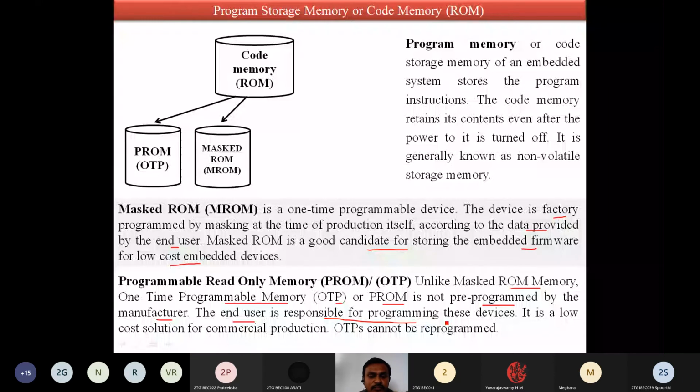So the end user, that child, is going to allocate one song for button number 1, another song for button number 2, a third song for button number 3, and so on. Putting the song in, storing the song in the memory for the respective buttons, is called programming. Once it is programmed, it can't be reprogrammed by that end user. So this is the PROM.